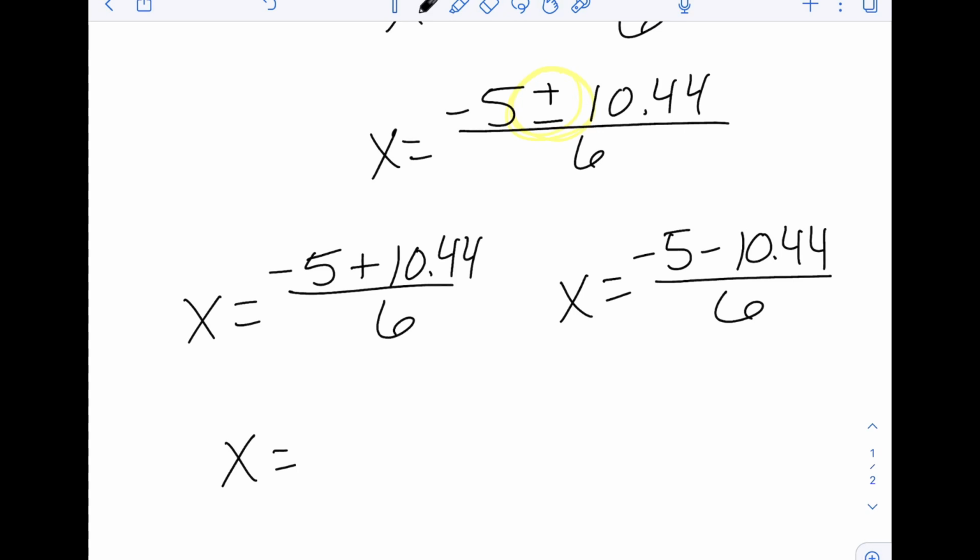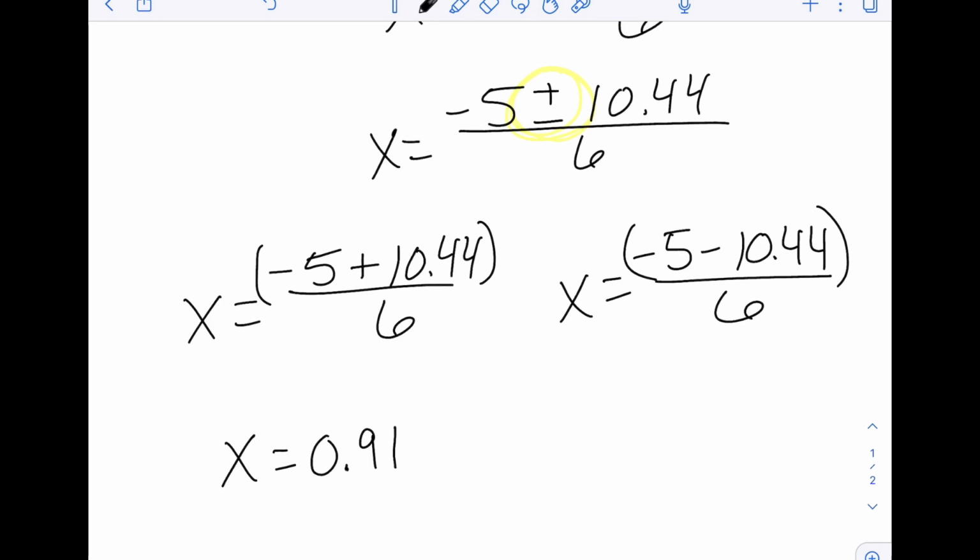When you use your calculator and you get -5 plus 10.44, this is a grouping symbol, so you have to do this first. Be careful on your calculator that you get the numerator and then you divide by 6. And if we're rounding to the hundredths place, that's a positive 0.91.